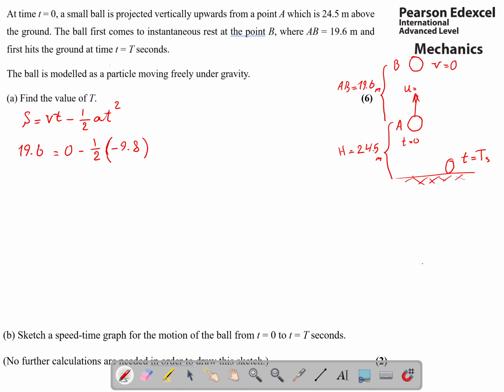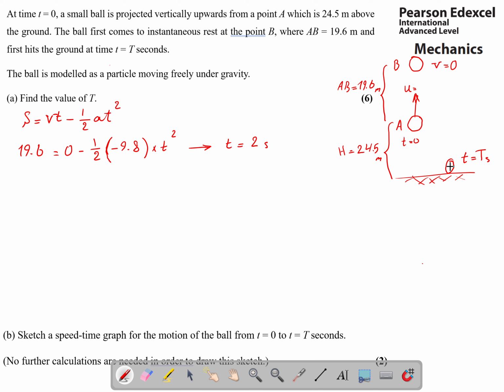So acceleration equals minus 9.8 meters per second square. Multiply t power 2, we are going to find t. If you solve this equation, you will find t equals 2 seconds. Since it takes 2 seconds from A to B, it will take again 2 seconds to go from B toward A. But we don't need it.